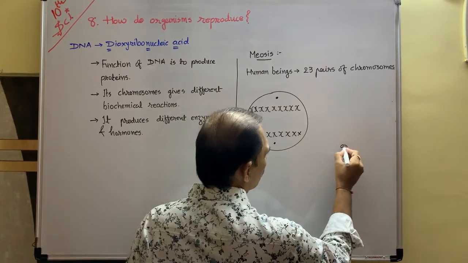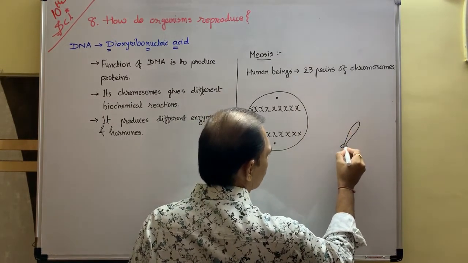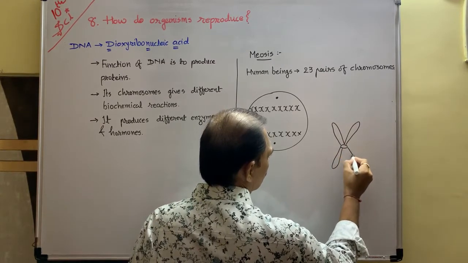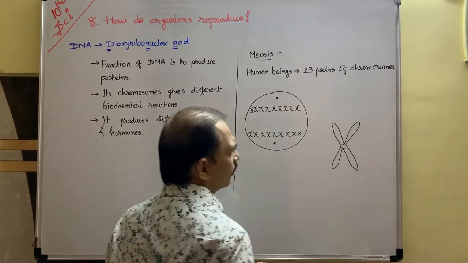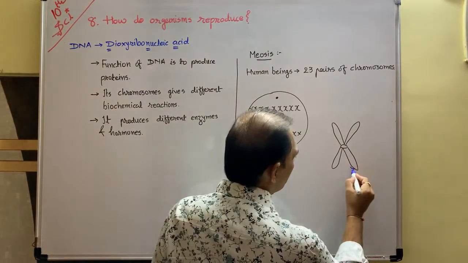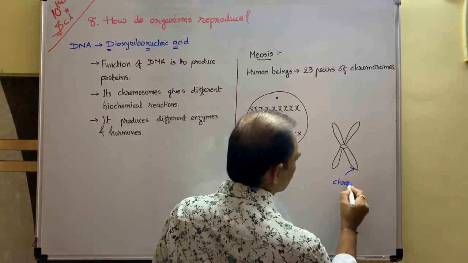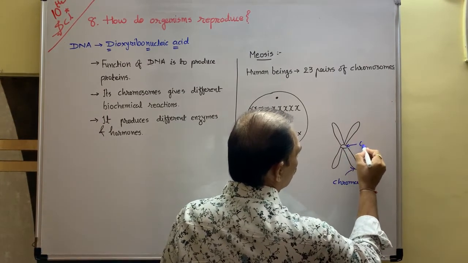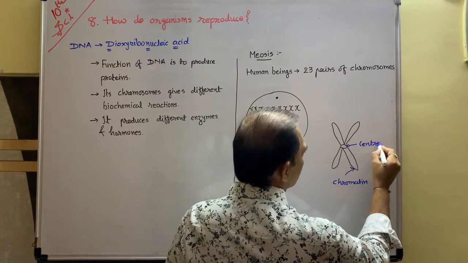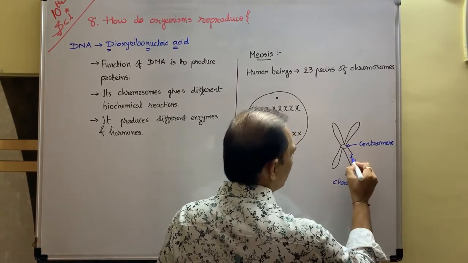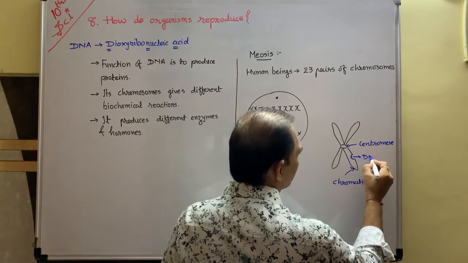The shape of a chromosome is like this. These petals are known as chromatids. The center is known as the centromere. In the groove of these chromatids, DNA is present.